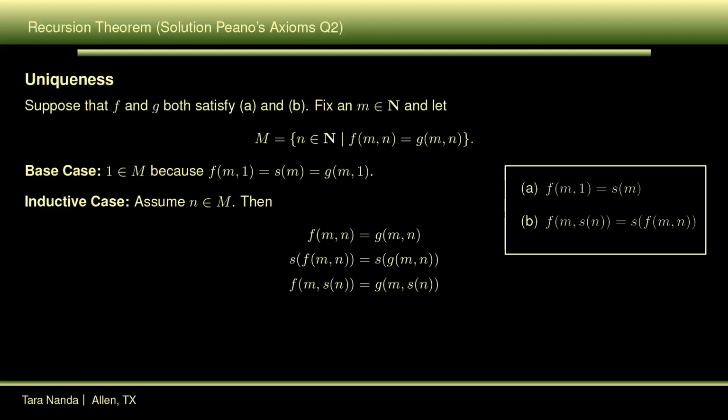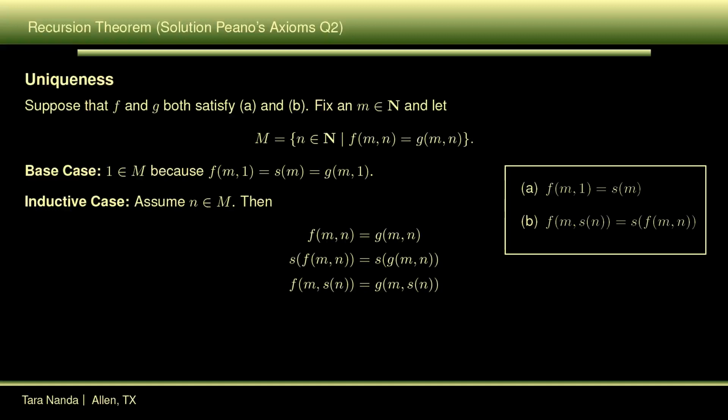But by property B, the successor of f of m comma n is simply the value of f at m comma successor of n.